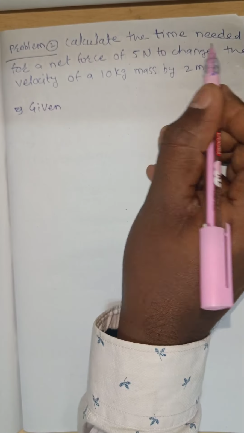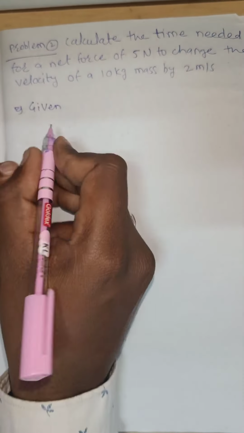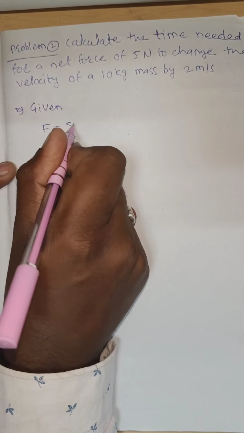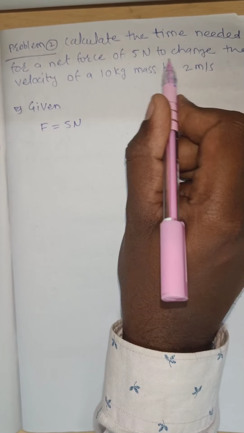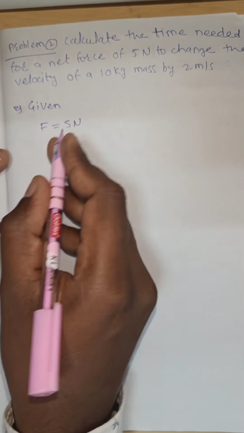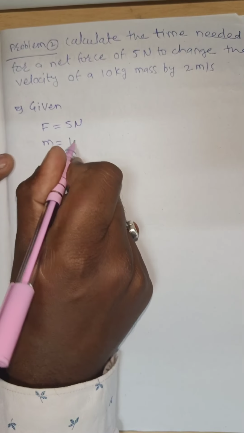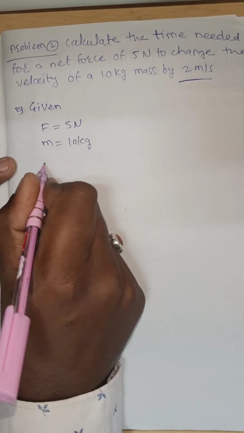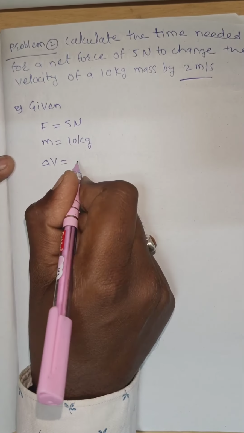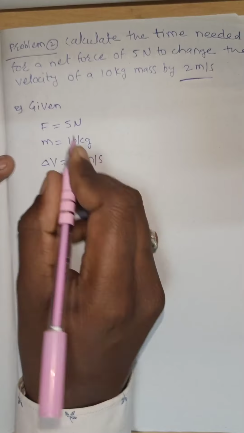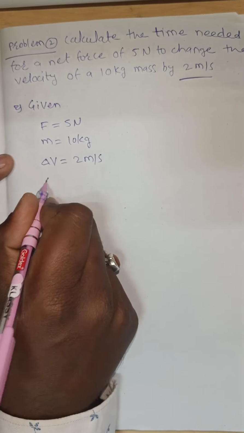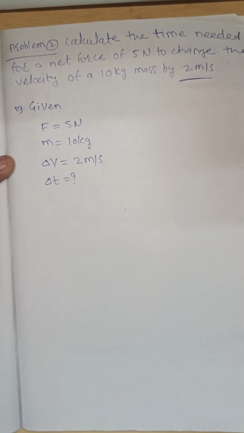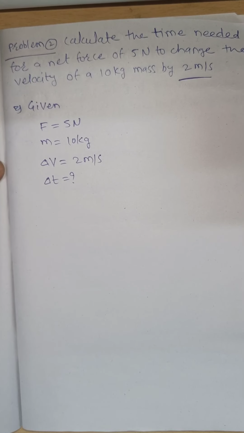Net force F is 5 newtons, mass is 10 kg, and the change in velocity is 2 meter per second. We want to find the time needed, that is delta t.